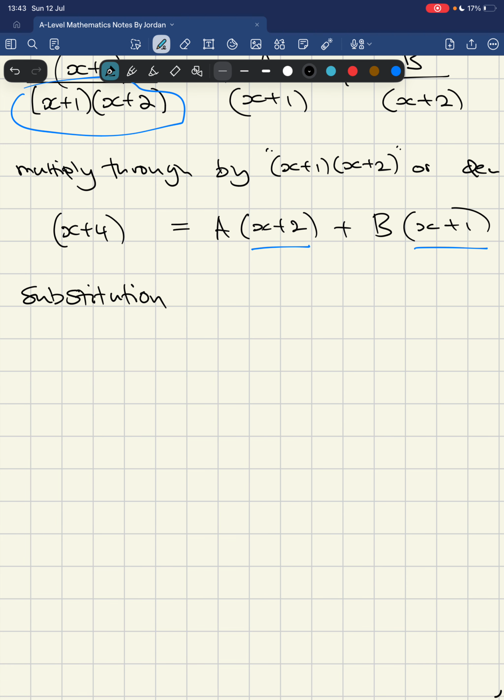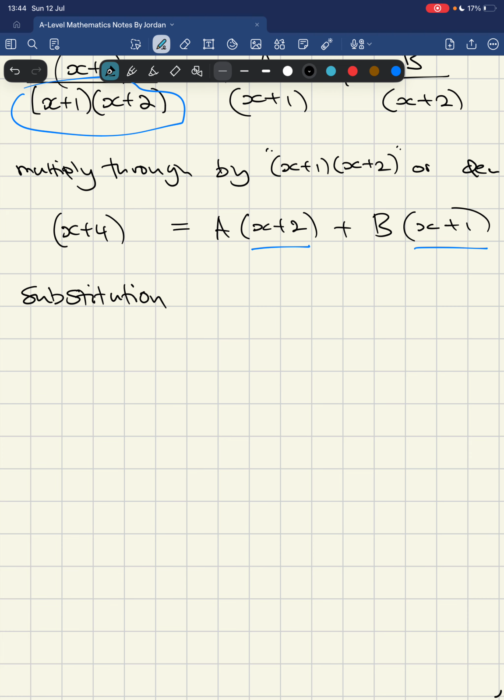So essentially, if we can make these brackets 0, then we can actually one by one find A and B by making A and B go to 0. So if I try and make A go to 0 first, basically, I don't mean A actually going to 0. I mean, if I can make all of this term go to 0, then I can have a look at finding B first, for example.